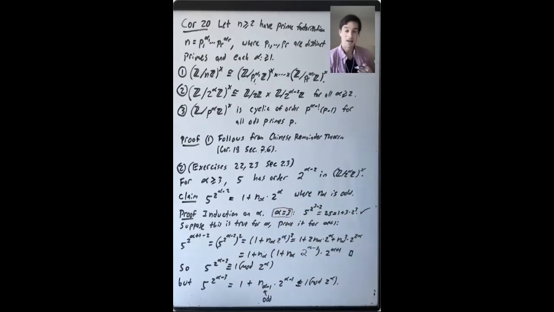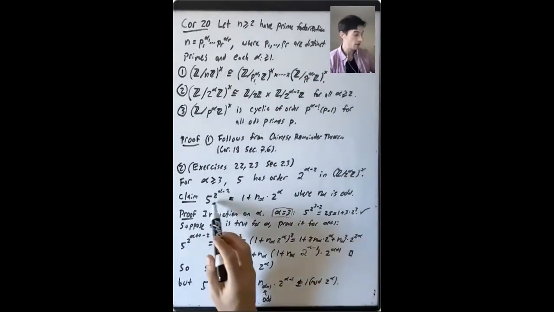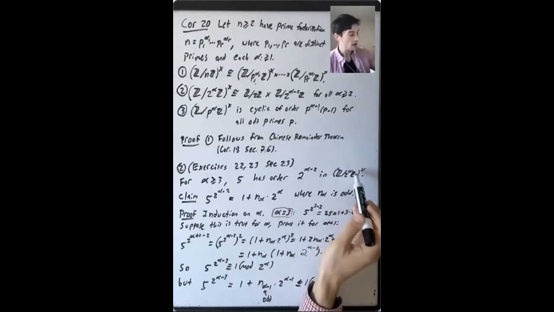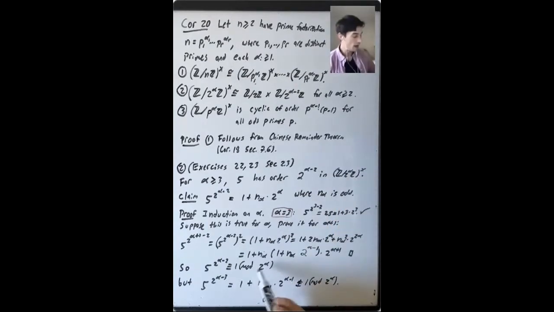But what does that tell us? Well, let's look at 5 to the 2 to the alpha minus 2. That is congruent to 1 mod 2 to the alpha. Just take each side mod 2 to the alpha. So the order of 5 in (Z mod 2 to the alpha Z) star divides 2 to the alpha minus 2. But the only things that divide 2 to the alpha minus 2 are smaller powers of 2.